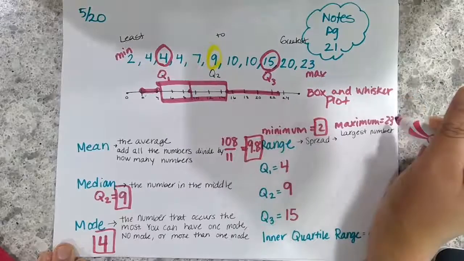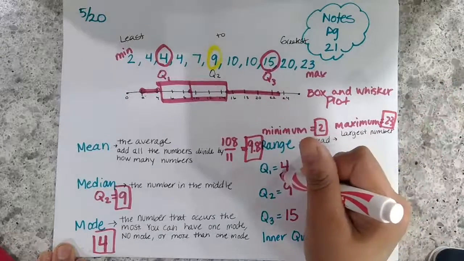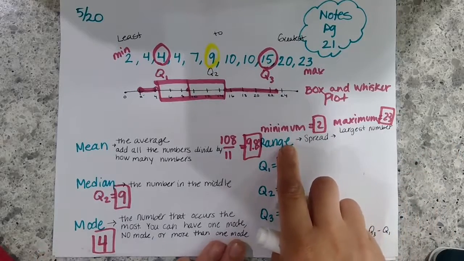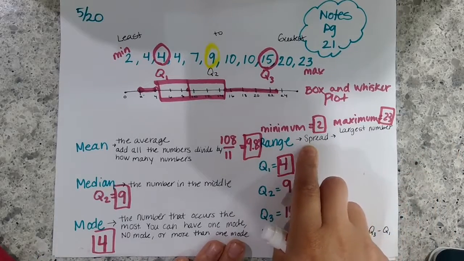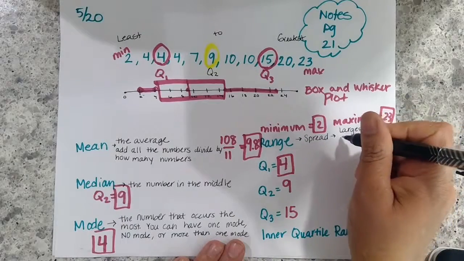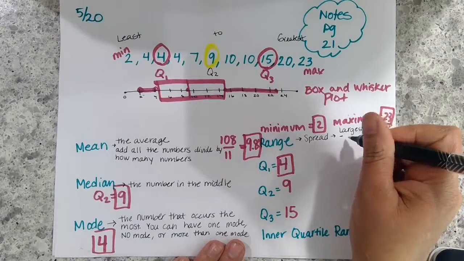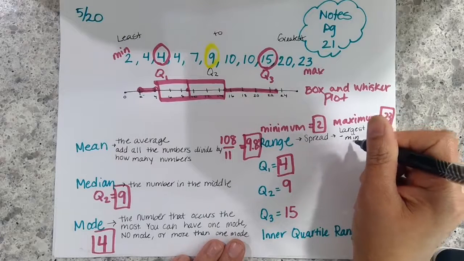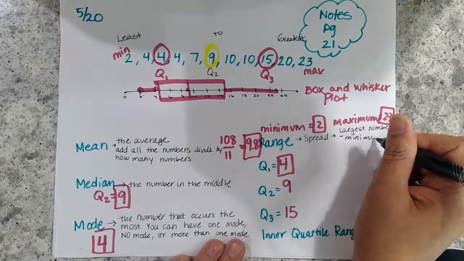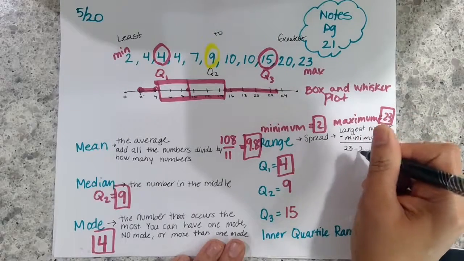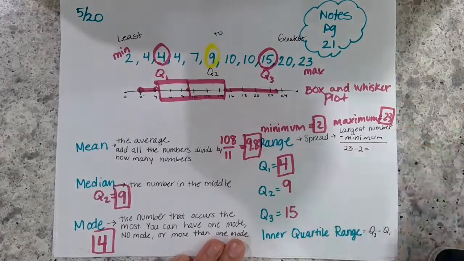My minimum we know is 2. My maximum is 23. Oh, the range. We haven't done the range. The range is the largest number subtract your smallest number. So it's the maximum minus the minimum. Okay, 23 minus 2, 21.